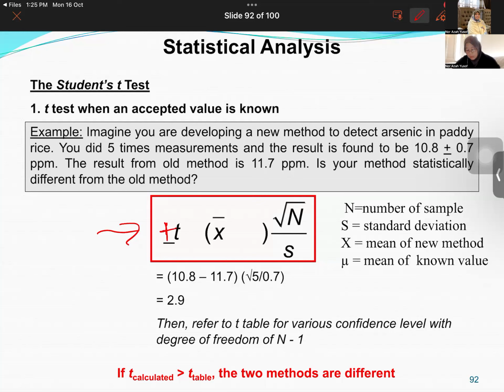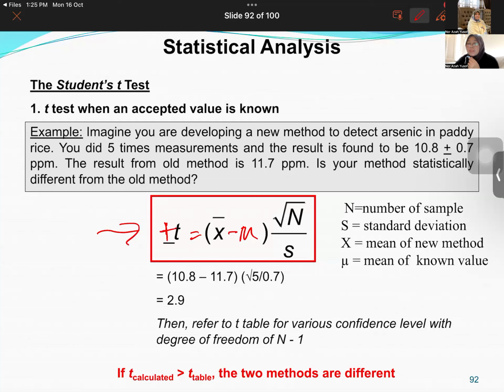This plus minus t. So the value of t is plus minus t, x bar.